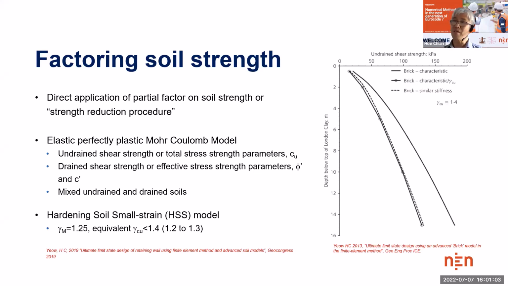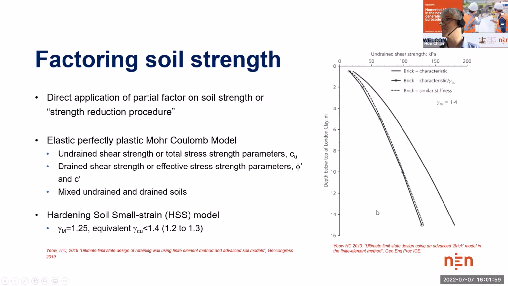The problem is when you have mixed undrained and drained soil and you have so-called strength reduction procedures, and you need to hit the right level of partial factor, and because cu and phi dash and c dash have different partial factors, where you need to stop if you use strength reduction procedures is critical. When you start to use more complex soil model like hardening soil model, because the strength parameters are effective strength parameters as your input, applying partial factors based on effective strength parameters doesn't always bring you the equivalent undrained partial factor if you are running it for undrained soil condition.